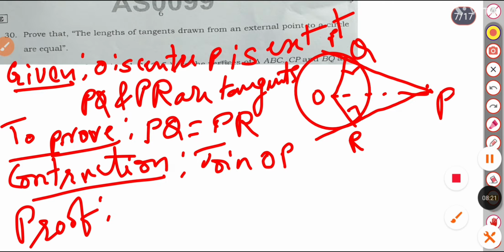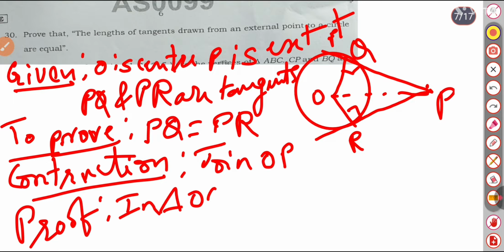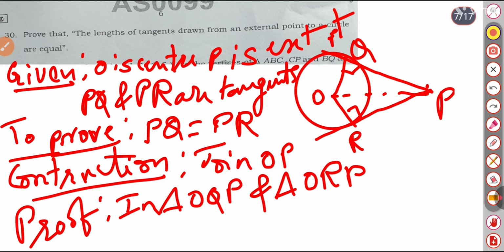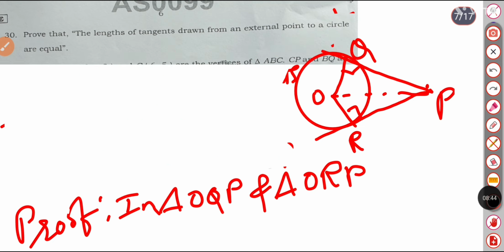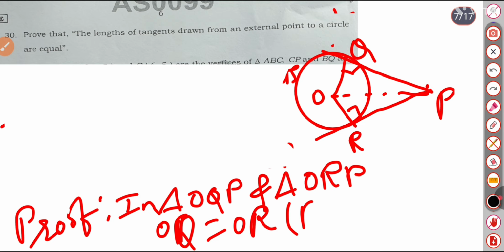After this, proof. To prove, I will consider triangle OQP and triangle ORP. In these two triangles, we will write what is equal. OQ is equal to OR, because they are radii of the same circle.